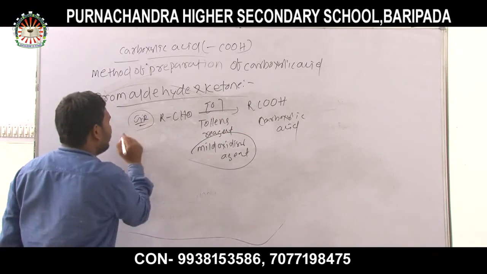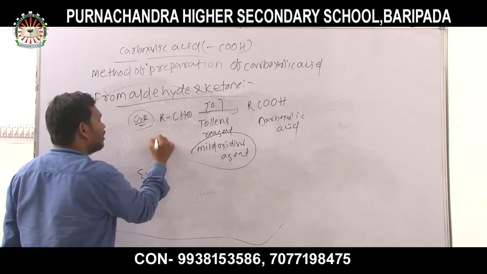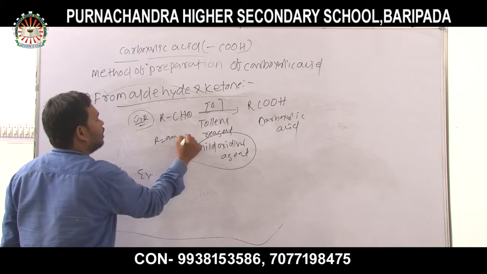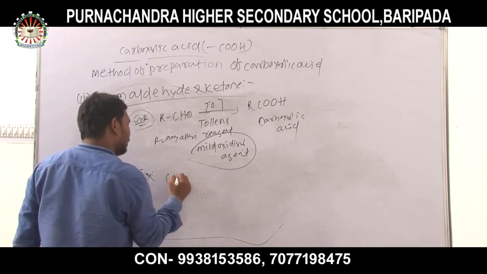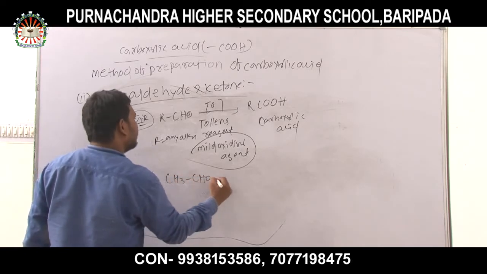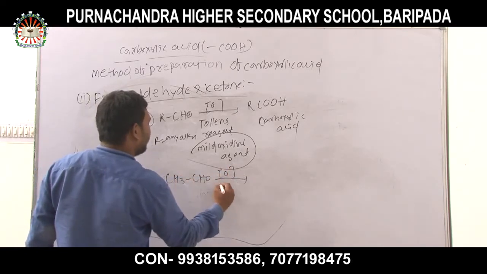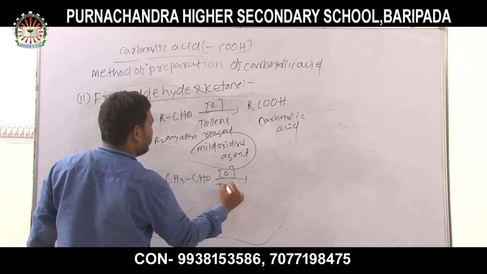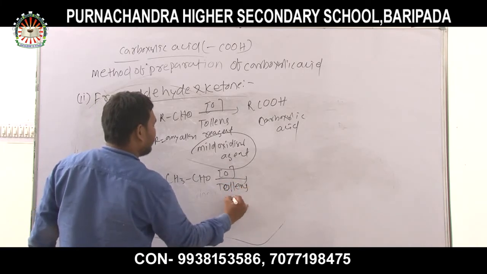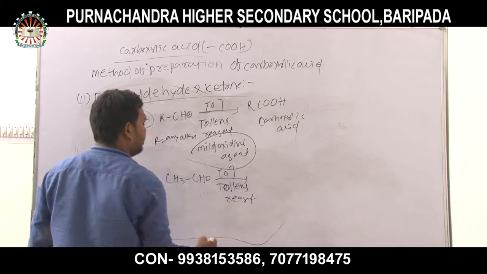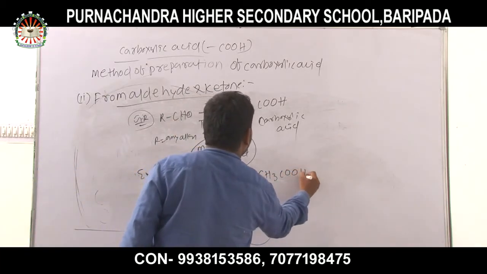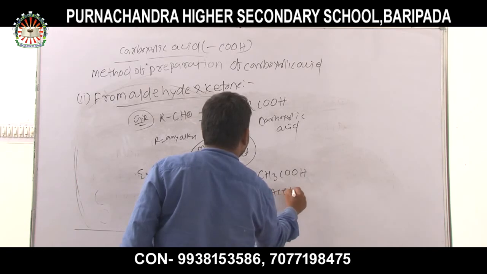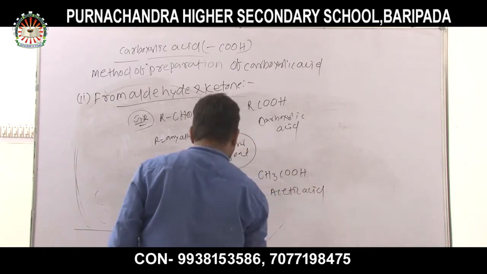This is the general reaction. For example, R equal to any alkyl group, CH3CHO undergoes oxidation in the presence of Tollens reagent, then acetic acid can be formed.